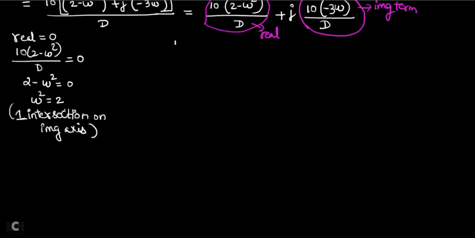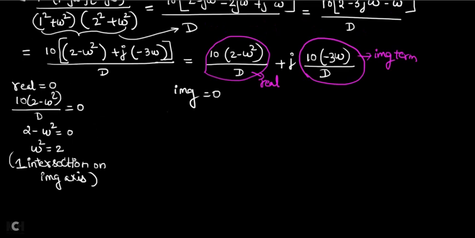Now I will equate the imaginary part to 0. What is the imaginary part? 10 into minus 3 omega divided by d is equal to 0. Cross multiply d to the right hand side, and 10 on the right hand side becomes 0. Then you got omega equal to 0.